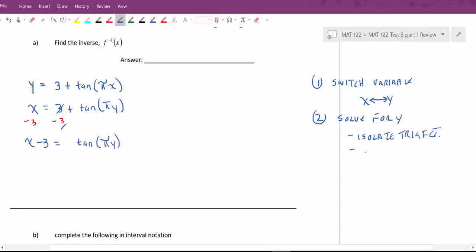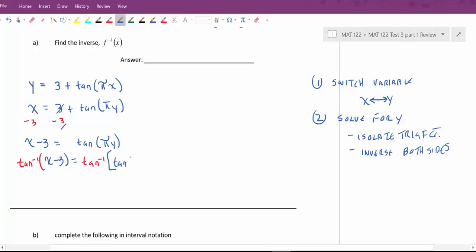And then what you're going to do is do the inverse trig function of both sides. Okay, so we want to go ahead now and do the inverse tangent of both sides. Right, and then we're going to solve this equation for y.